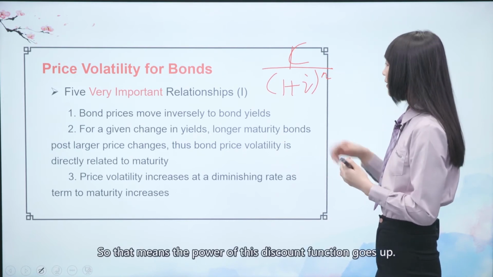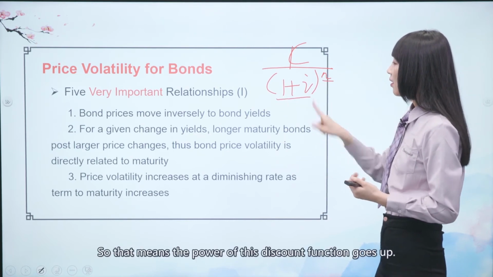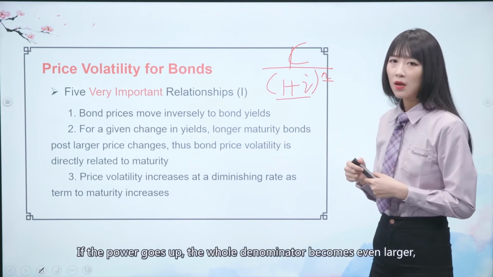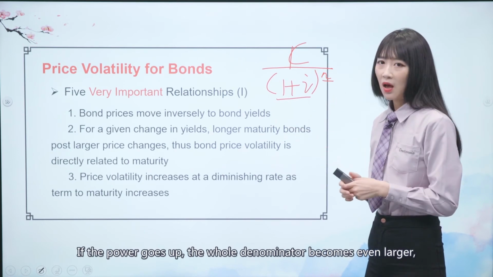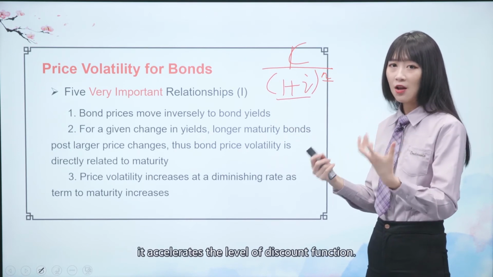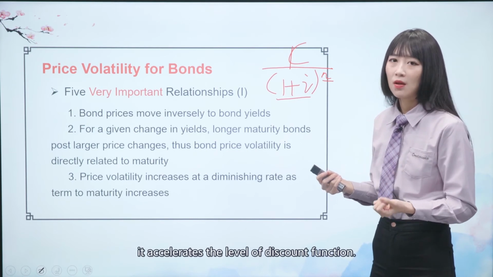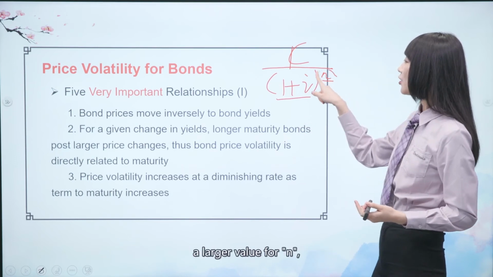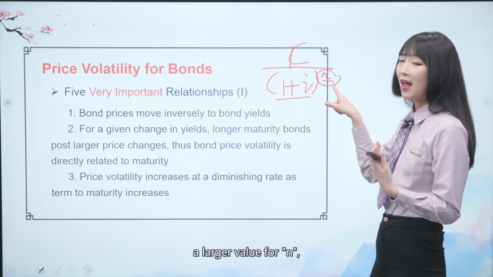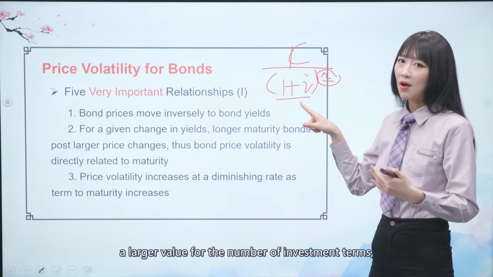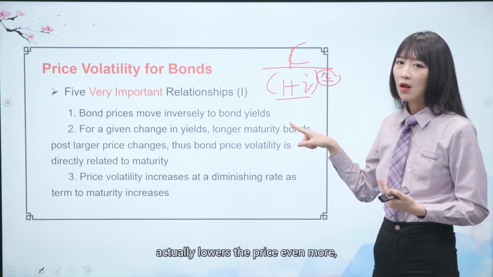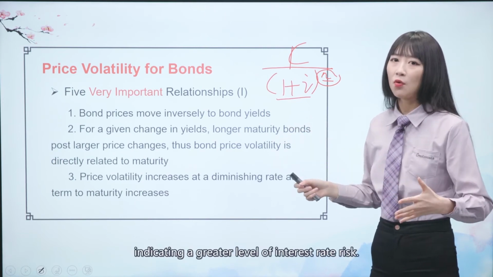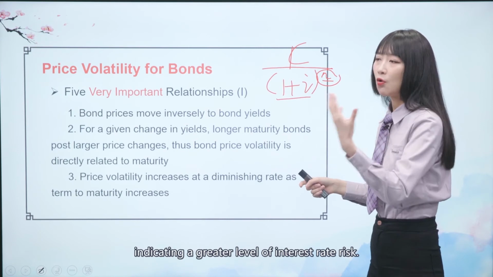So that means the power of this discount function goes up. If the power goes up, the whole denominator becomes even larger. It accelerates the level of discount. So that is why when there's a change in yield, a larger value for n, a larger number of investment terms, actually lowers the price even more, indicating a greater level of interest rate risk.